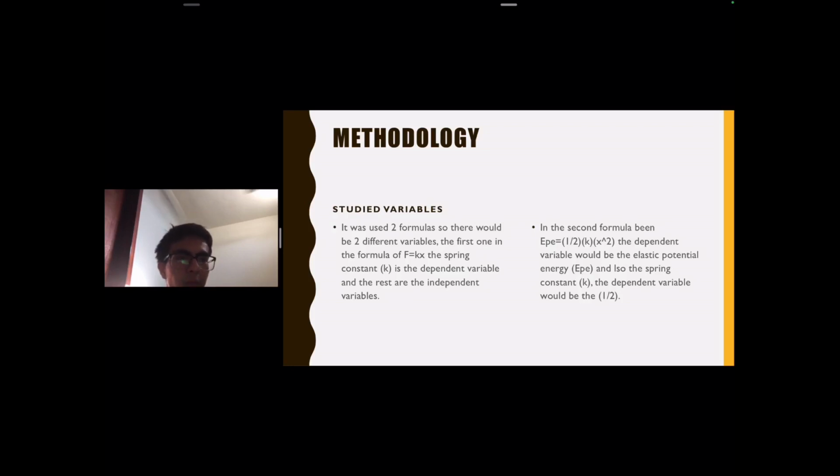In the second formula, the formula of elastic potential energy, the dependent variable would be the result that depends on all the data, and the k that depends also on the force.